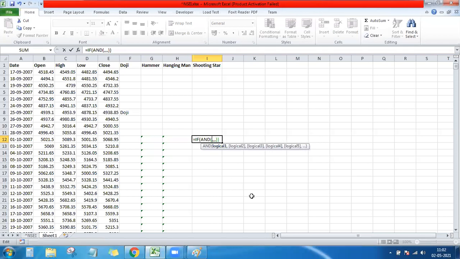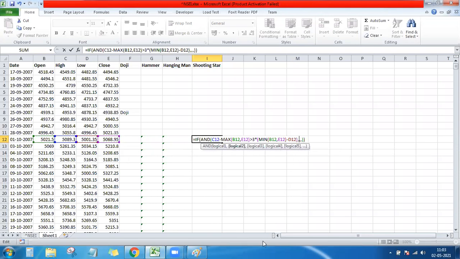In the first one: high minus maximum of open comma close should be greater than 3 times minimum of open comma close minus low. First condition is done.